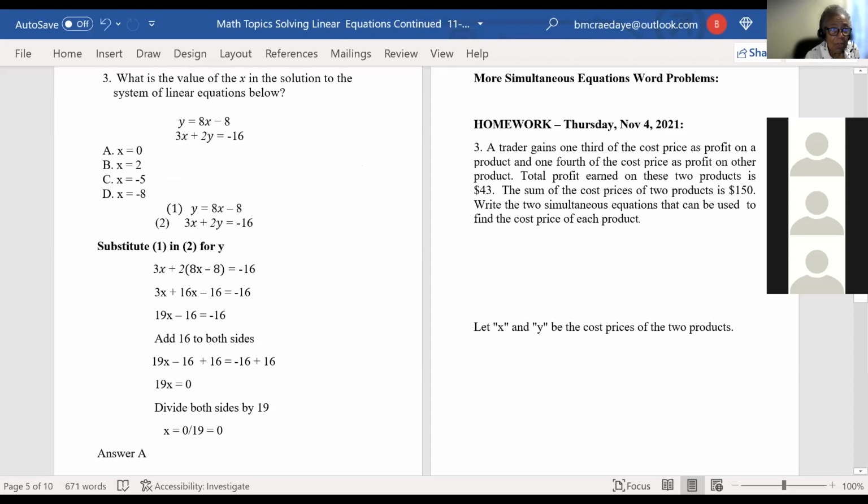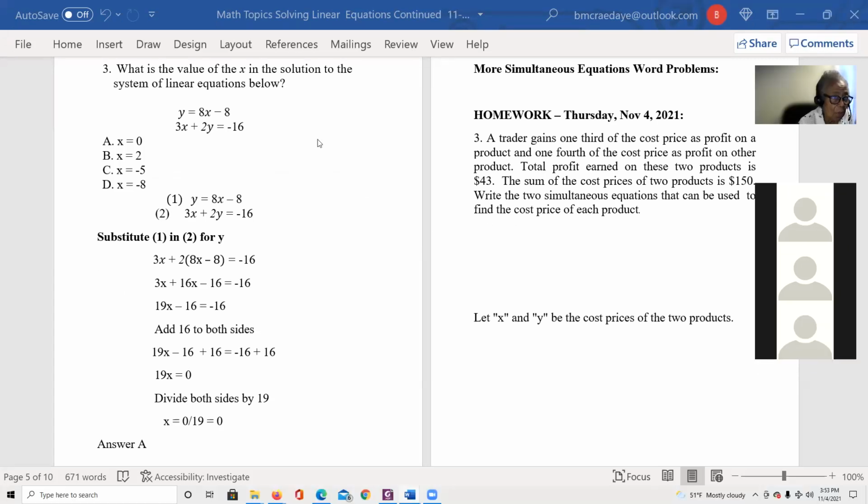No, that's not it. I think I've gotten rid of math topic, solving linear equations. No, I don't see it here. Well, anyway, I'll email it to you.